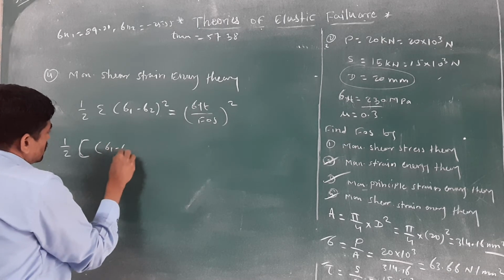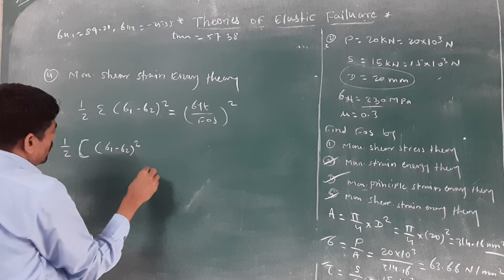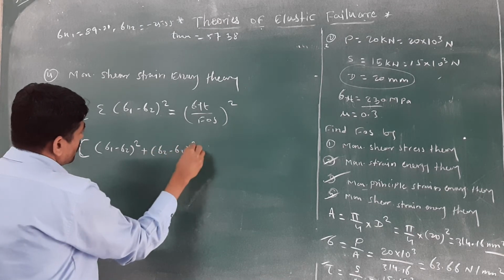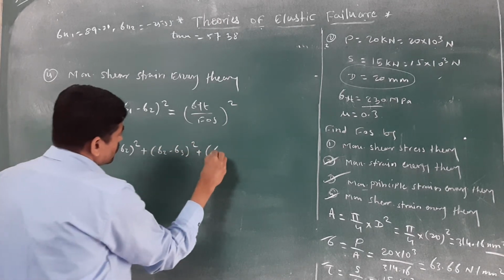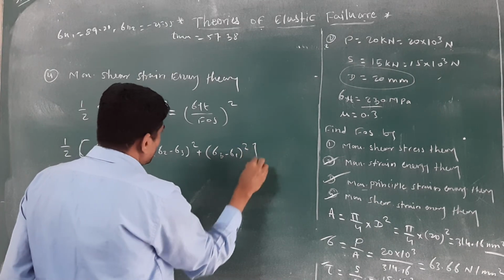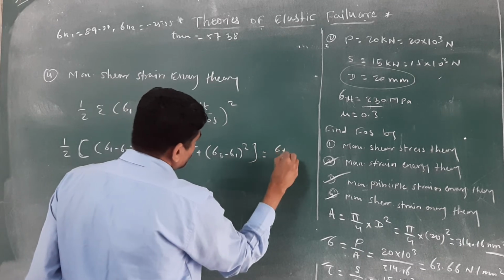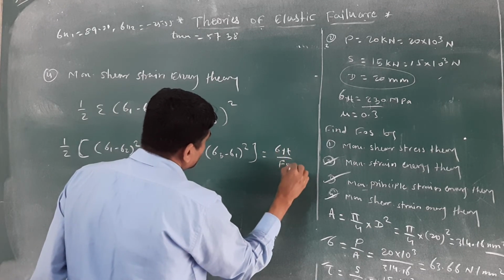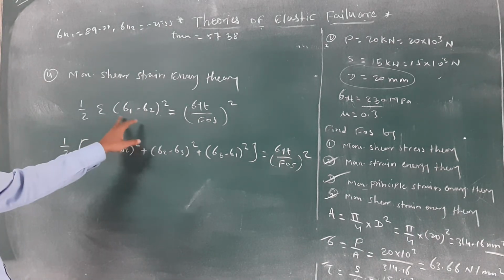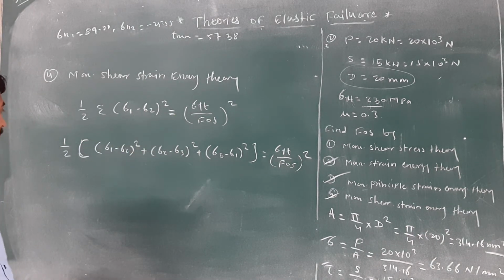1/2 into, I will write, (sigma 1 minus sigma 2) bracket square plus (sigma 2 minus sigma 3) bracket square plus (sigma 3 minus sigma 1) bracket square, bracket complete, is equal to (sigma yt divided by factor of safety) bracket square. Okay, simplify that. Summation of (sigma 1 minus sigma 2) bracket square means this one.